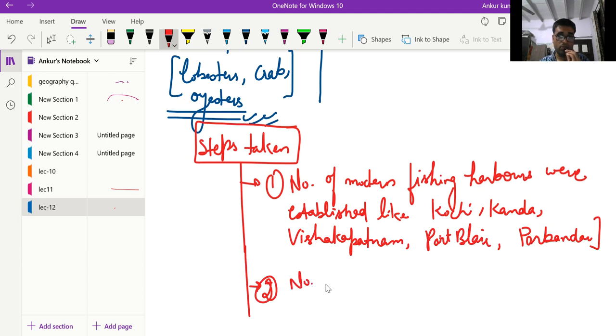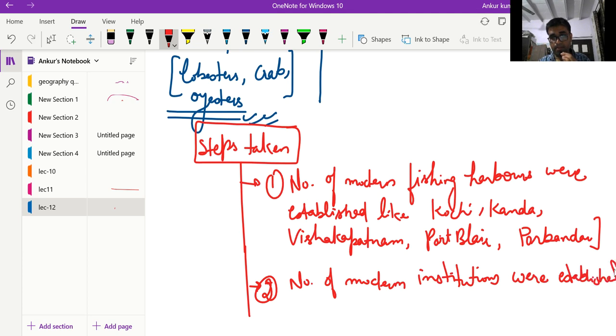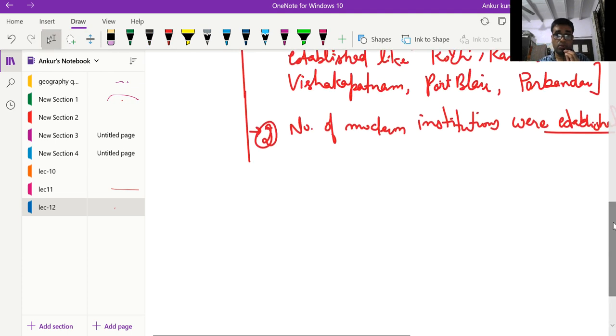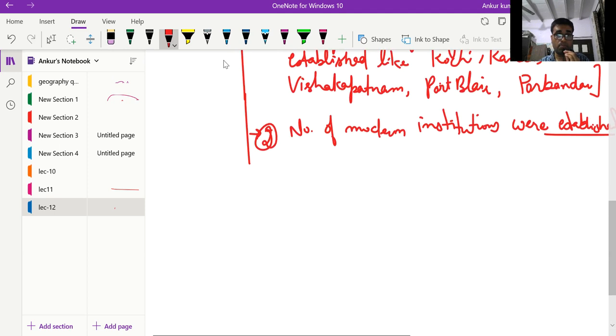And the second focus was on the number of modern institutions that were established. And let us mention few of the institutions that were established during the execution of the Blue Revolution program.